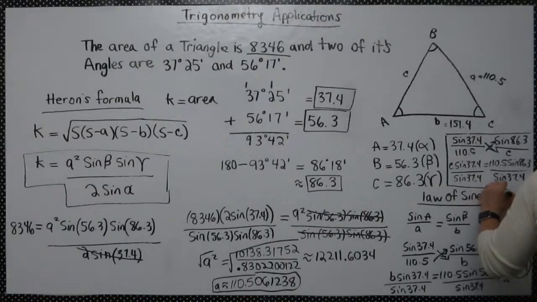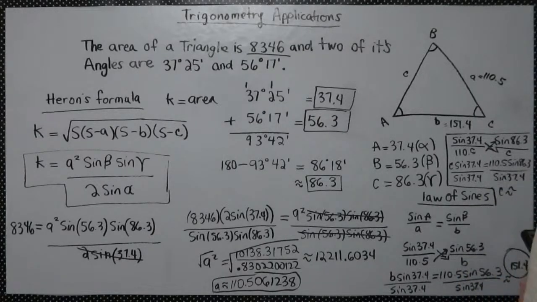Put that in there. C is going to be approximately, okay, so we've got 110.5 sine 86.3.